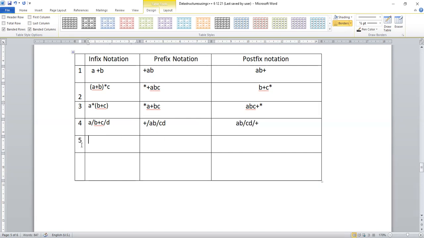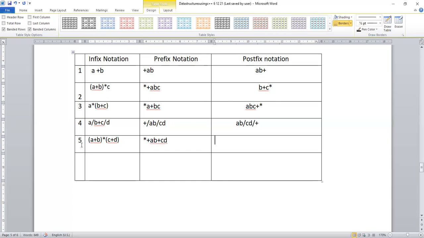Similarly, the fifth one, we are having A plus B asterisk C plus D. This can be written as asterisk plus AB plus CD.